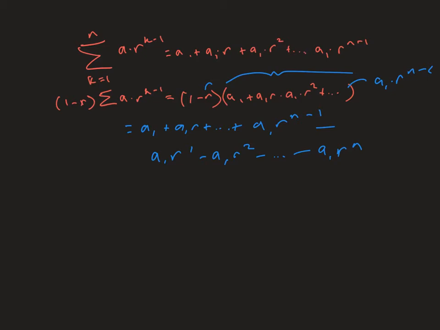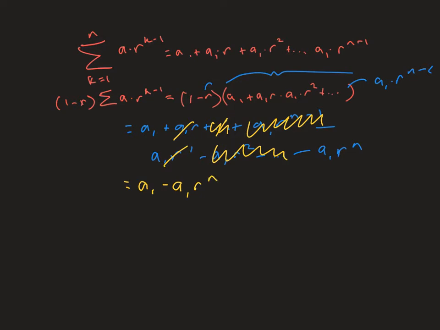Now, you might notice that we can cancel a bunch of these terms. You see how this term is the same, and in here all these are going to cancel out, as well as this term. So actually, what we're left with is a sub 1 minus a sub 1 times r to the n.